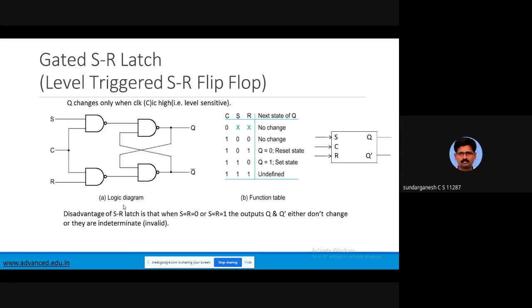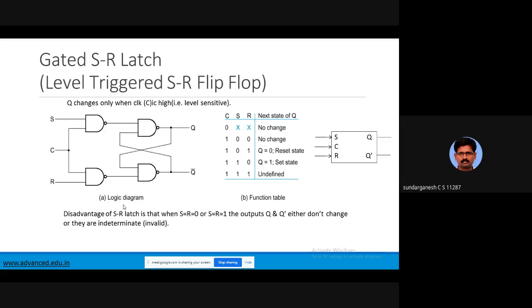Okay. If S and R are 1, 1, you cannot get the output when you give both the inputs as 1. So there is a disadvantage in this SR flip-flop: when both the inputs are 0, the output is not changing. When both the inputs are 1, you cannot find what the output is.